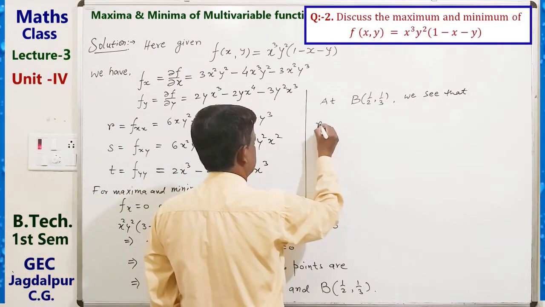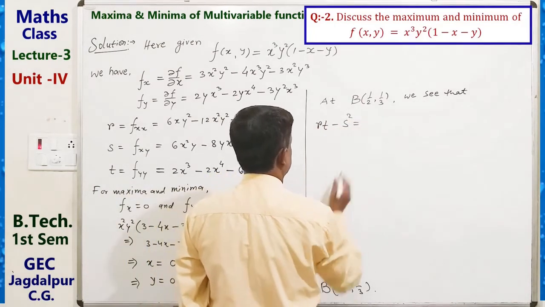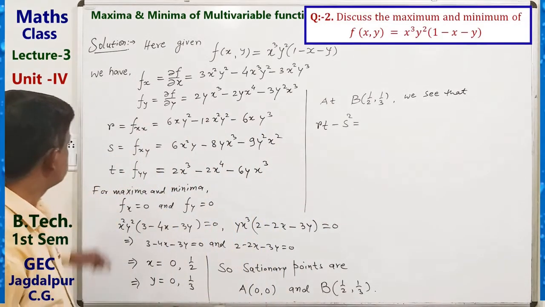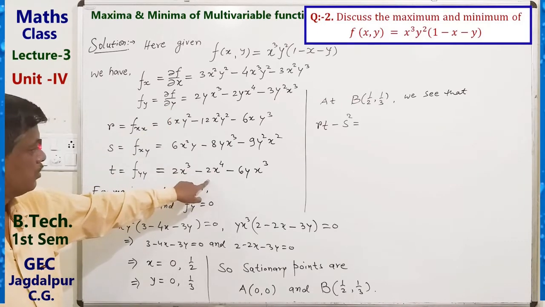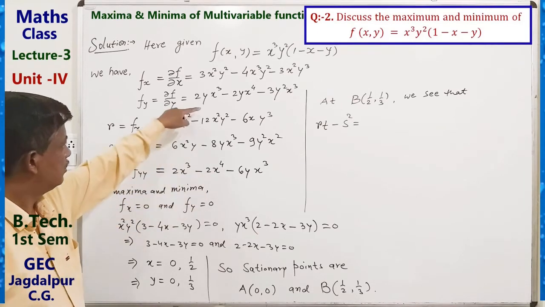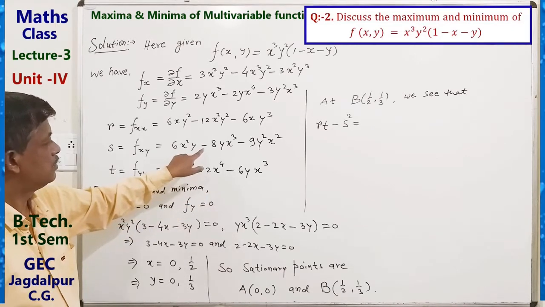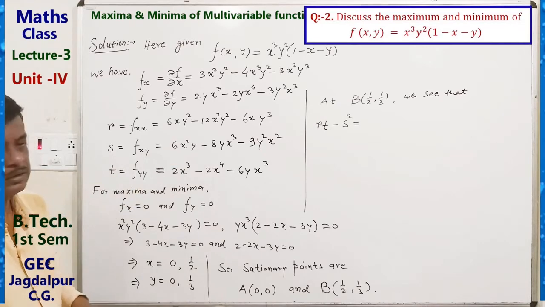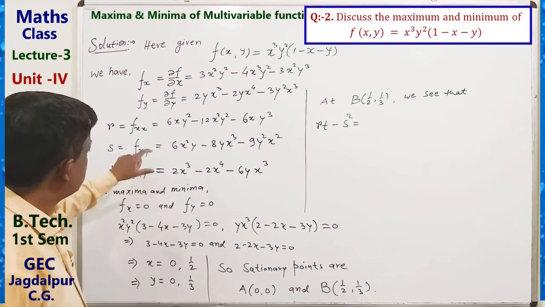You can directly solve RT minus S square. So R into T means this into this, this into this minus this square. Clear?